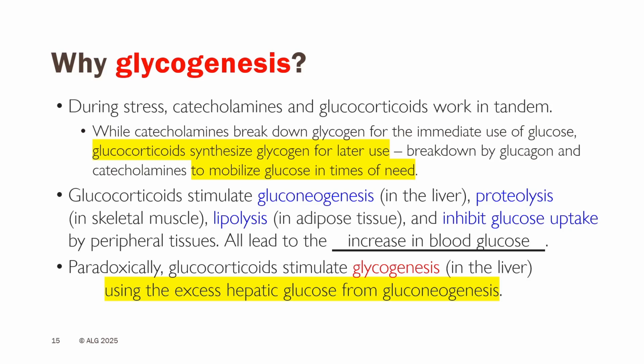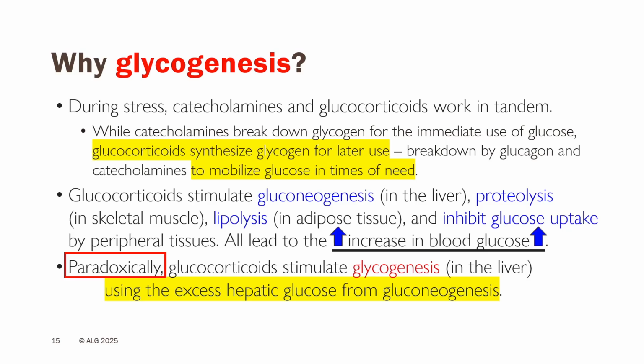If the goal of cortisol is to increase serum glucose levels, how and why would it stimulate storage of glucose through glycogenesis? Now, in contrast to catecholamines, which are the hormones in the fast stress response, glucocorticoids are responsible for the long-term stress response.